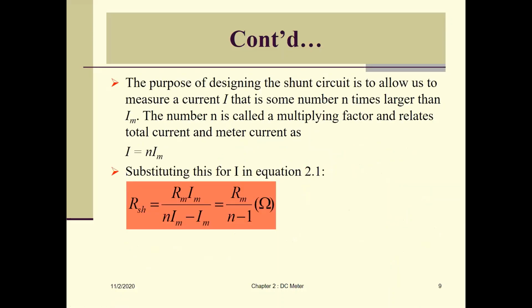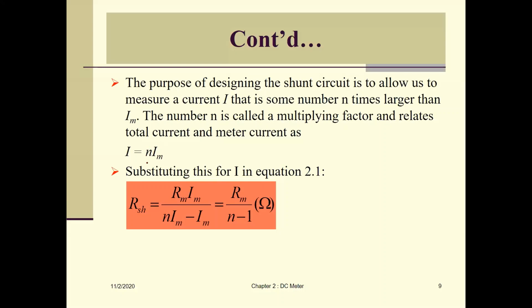The purpose of designing the shunt circuit is to allow us to measure a current that is some number n times larger than IM. The number n is called the multiplying factor and relates the total current and meter current as I total equals n multiplied by IM.